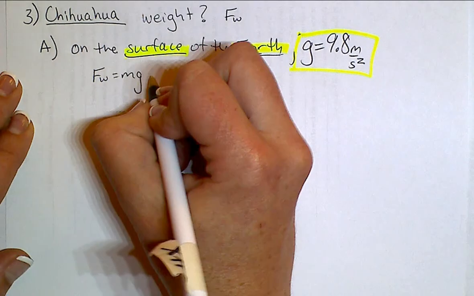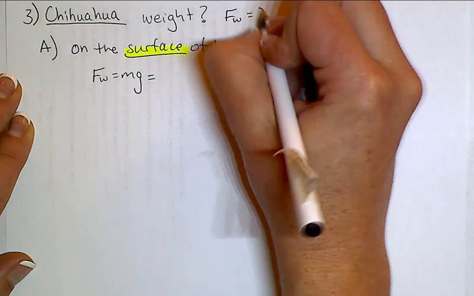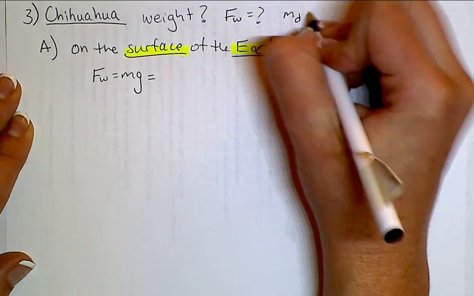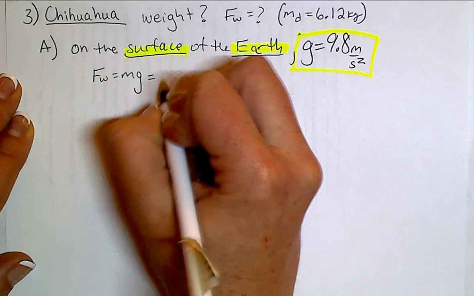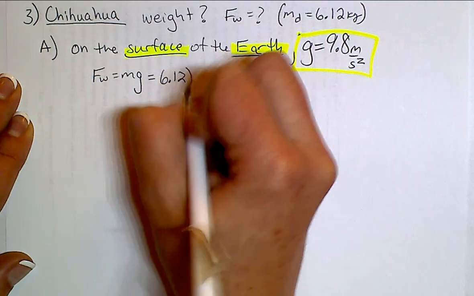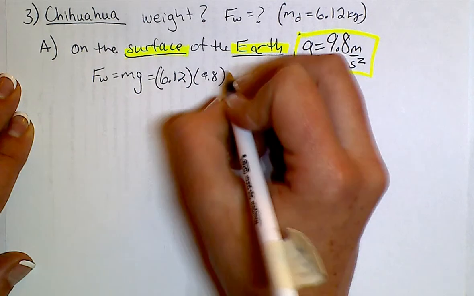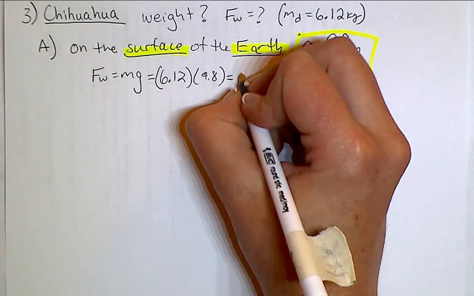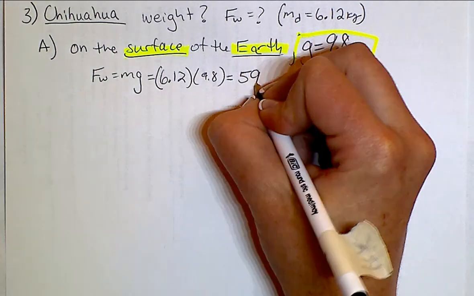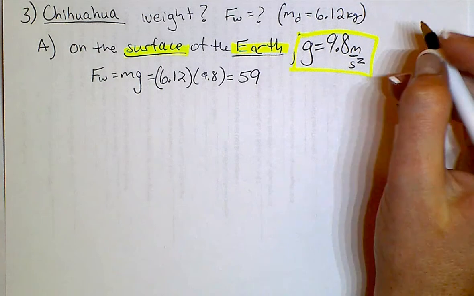It's given that the mass of the dog is 6.12 kilograms. So that's given in the problem. So 6.12 times 9.8, and that equals 59.98.